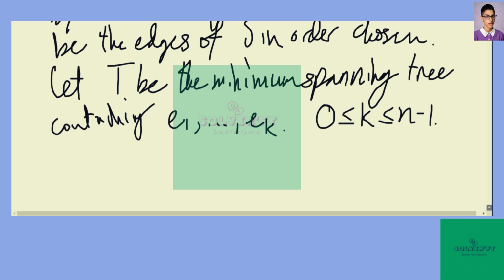And now we're going to derive a contradiction by assuming that K is less than n-1.